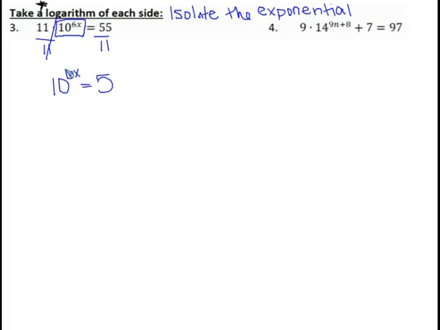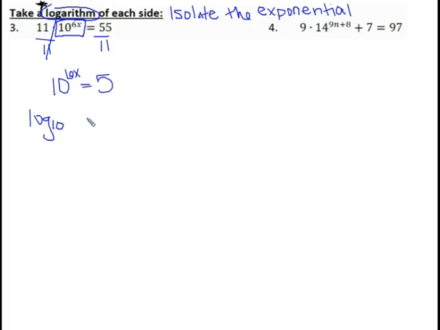Now in the last lesson in 7.2 when we talked about logarithms, it is possible for us to convert between exponentials and logarithms. So if this is currently an exponential, let's turn it into a logarithm to help us solve it. So notice how in this exponential our base is 10, so that means the base of our log should be 10.